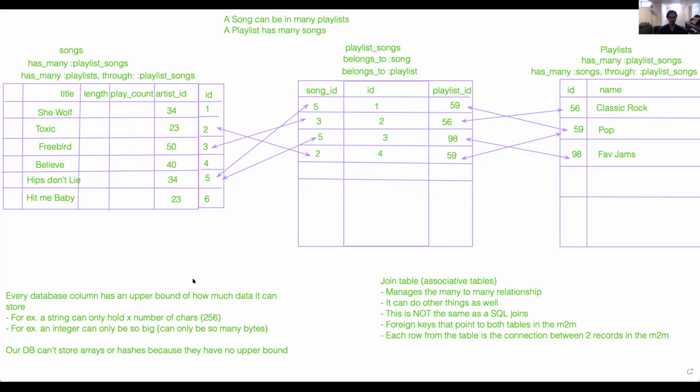Now I've kind of started pseudo coding in my diagram. When you get into coding this in your model, these are the lines that you're going to have in your models. Specifically, these are the new associations you're going to make.